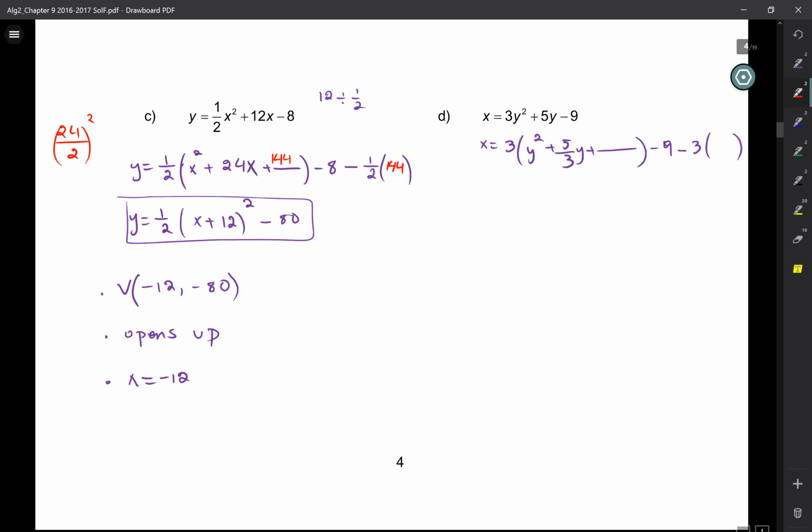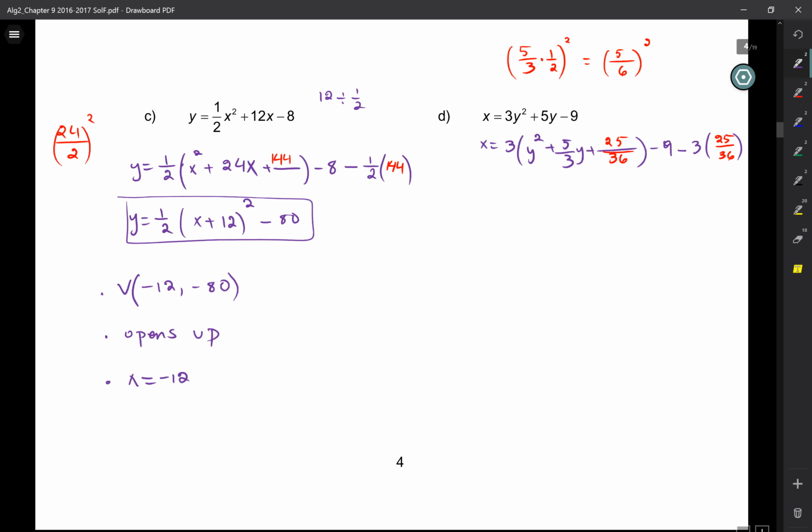So, it's going to be 5 over 3 divided by 2, which is times a half, squared. So, it's 5 over 6 squared, 25 over 36.